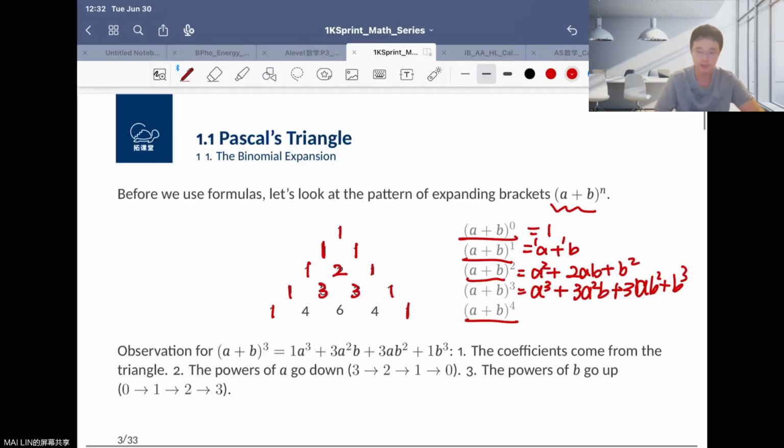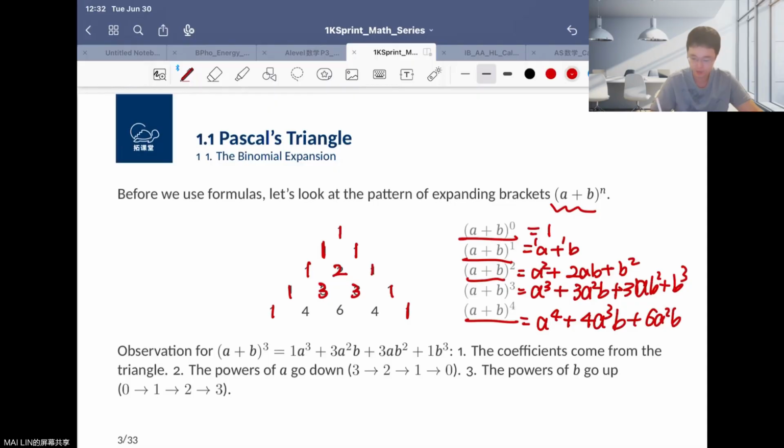And (a+b) to the power of 4, we can write as a to the fourth plus 4a cubed b plus 6a squared b squared plus 4ab cubed plus b to the power of 4, okay. That is the final expansion. You can find here that the coefficients are 1, 4, 6, 4, 1, right? So here we write that as 14641.